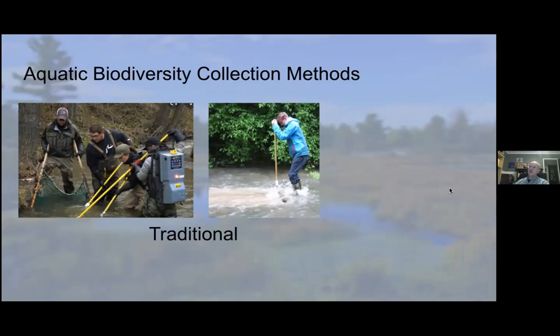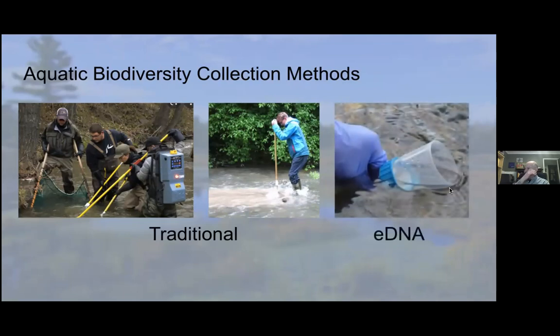The other way is kick netting, where you're standing upstream, you disturb the bottom of the stream, and you collect stuff into a net, and then you count it, look at it under a microscope perhaps. eDNA is much more gentle, really. You're basically collecting water, pushing it through a filter, and then sequencing the DNA on that.